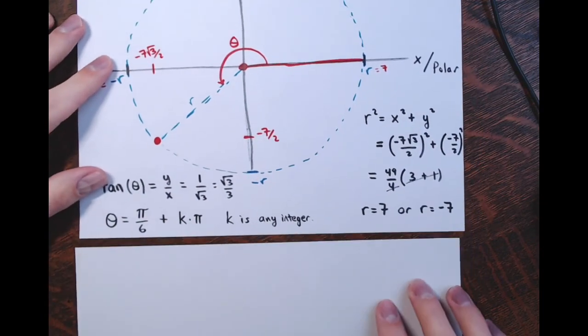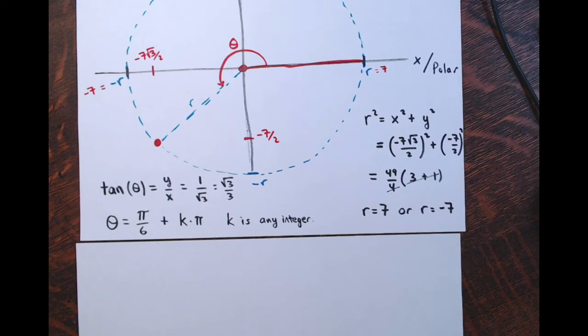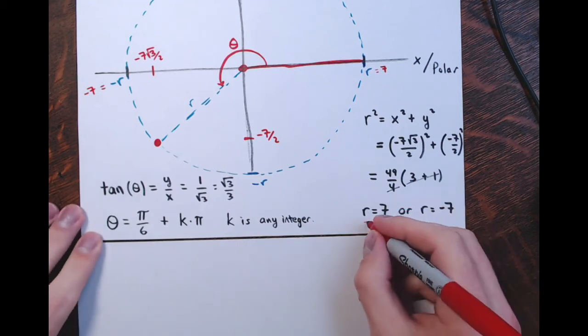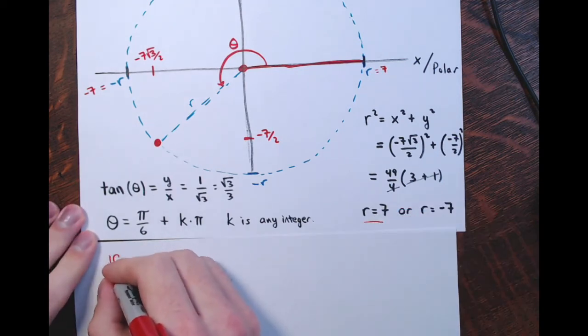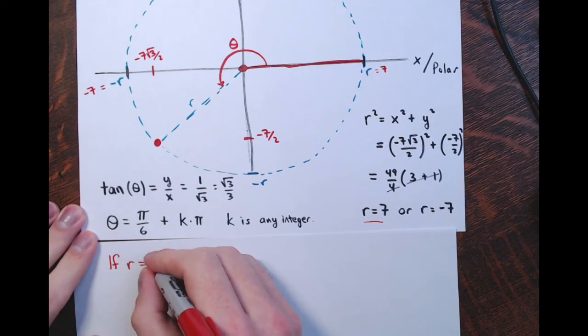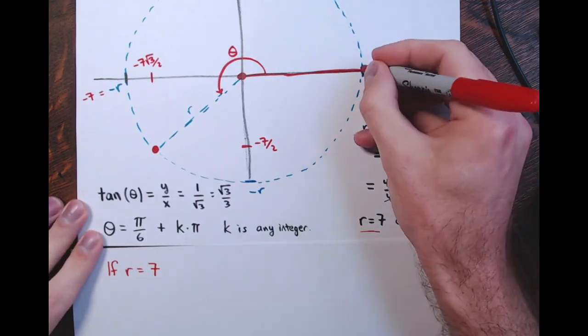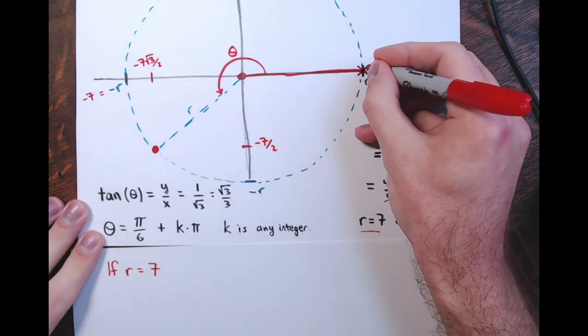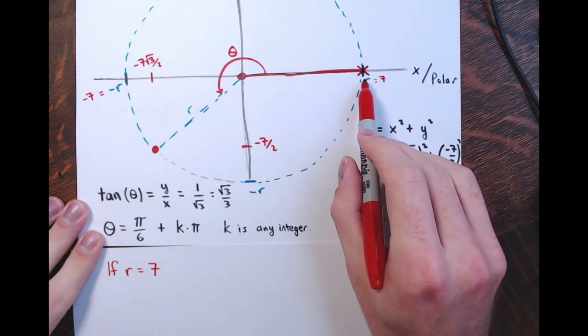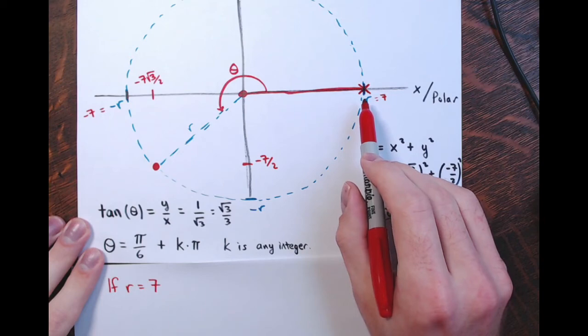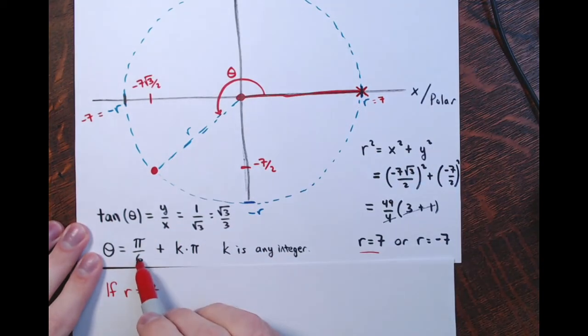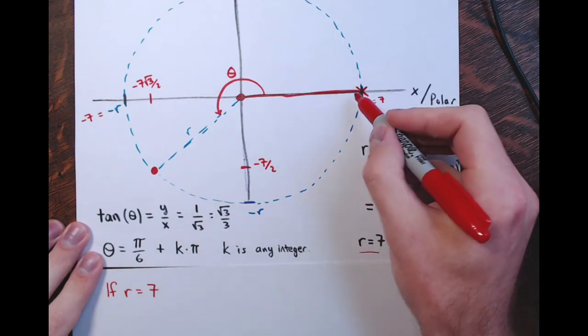All right, so what if I chose the positive value of r? If r was equal to positive 7. Well, that means I'm starting here on the polar axis. And if I start here, let's think. Does pi over 6, that one solution to this equation, take me to that point?